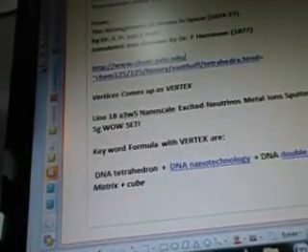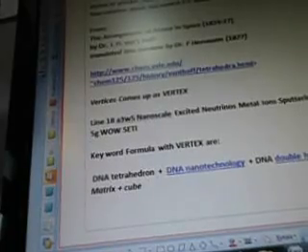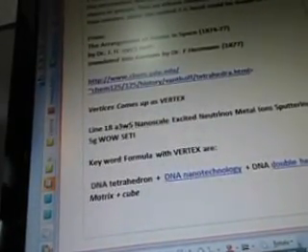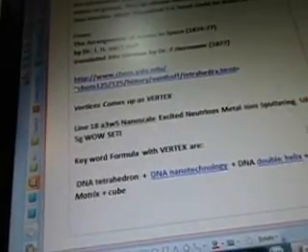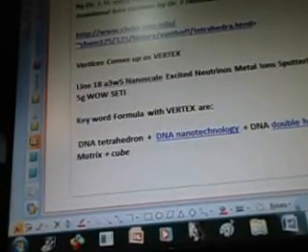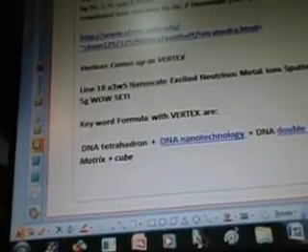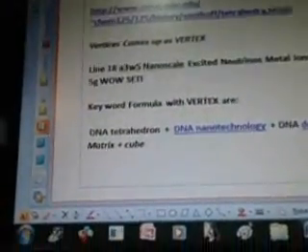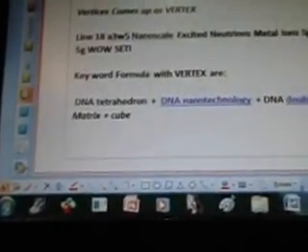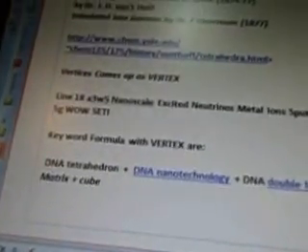And just so you know, there are a bunch more that came up in line 22. They've just been filmed this week. I haven't done the cross-referencing yet, but if you look in line 22, you'll find out more about the vertex, okay? Keywords for formula with vertex are DNA tetrahedron, DNA nanotechnology, plus DNA double helix, plus matrix, plus cube. So that's it for that video, and I might have a little bit of time left to do the next one. We'll see.